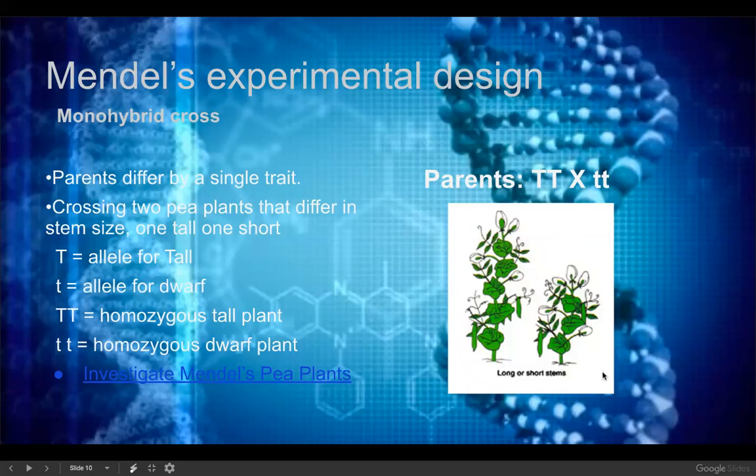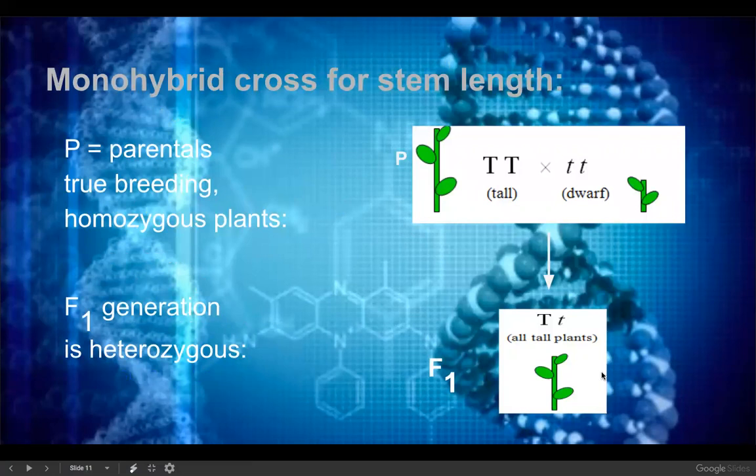When that happened, what would you expect to see in their first filial generation, the offspring of this parental cross? Once he did that, he noticed that all of the offspring were of the hybrid or heterozygous variety, the capital T, dominant, tall, and a lowercase t, the recessive short. That was all of the F1 generation.